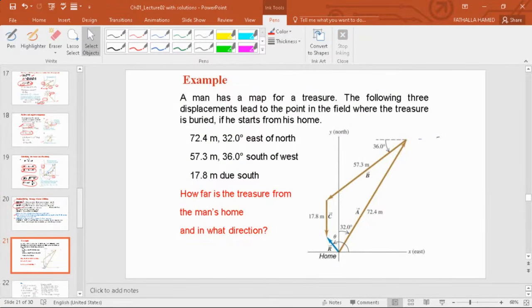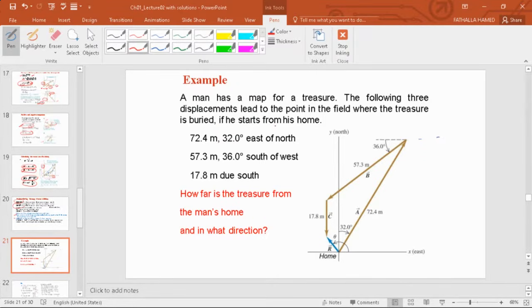Let's take an example to clarify this. And the example that we have here, a man has a map for a treasure. The following three displacements lead to the point in the field where the treasure is buried.